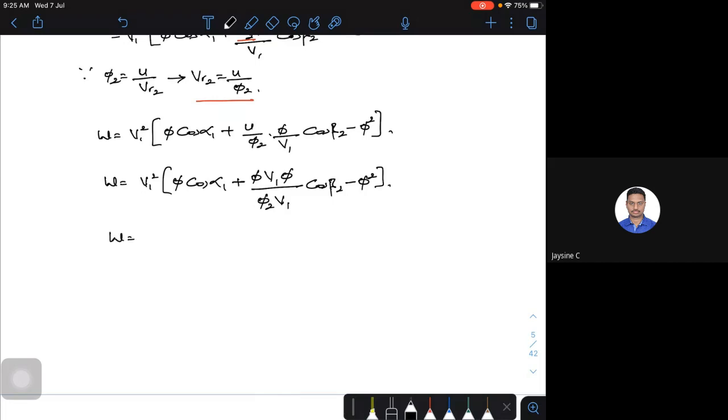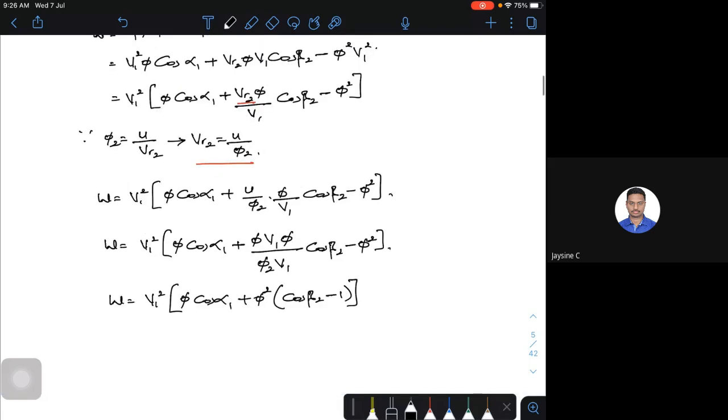So your work done will be equal to V1 square into phi into cos alpha 1 plus phi square. If I take phi square, this will be cos beta 2 minus 1. So this will be the expression for your work done.